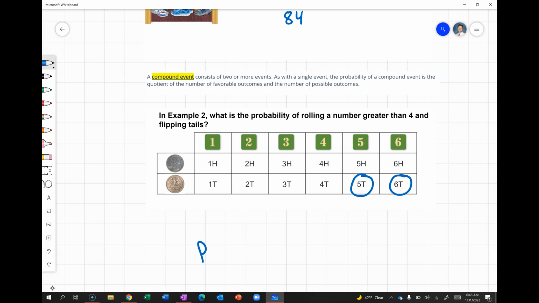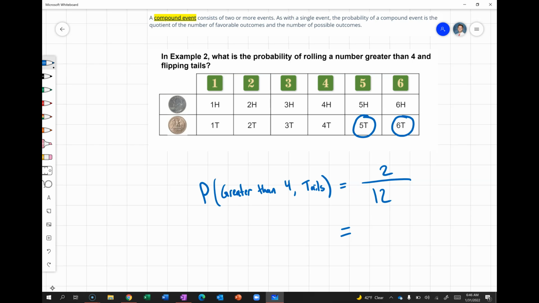The probability of greater than 4 and tails is just 2 out of our 12 possible outcomes, which simplifies to 1/6.